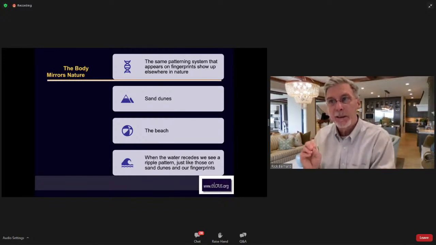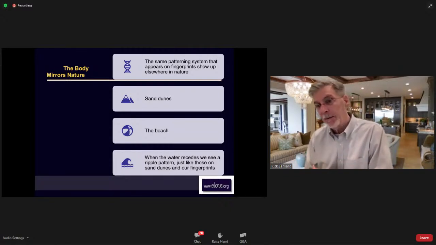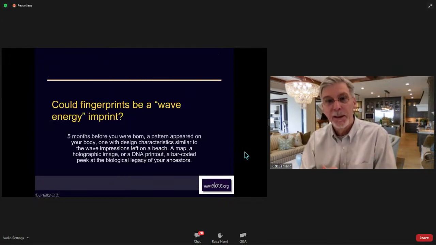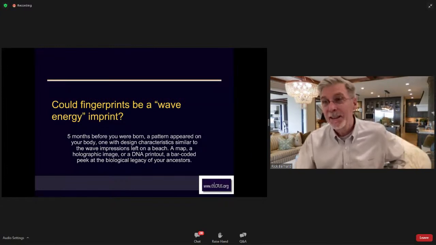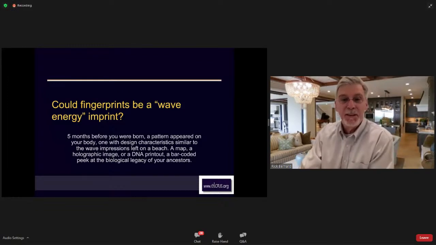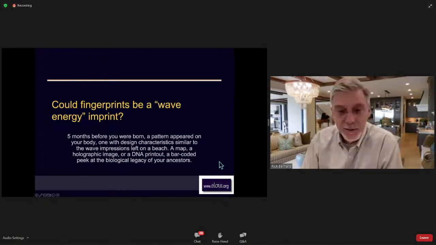And that's what we think has happened with our fingerprint patterns, that we were imprinted 5 months prior to birth. And it's hard to say for a fact what caused that imprint, whether it was DNA, just purely genetic, if it's a legacy from our ancestors. Now, what's interesting is if you think about it, we inherit physical traits.